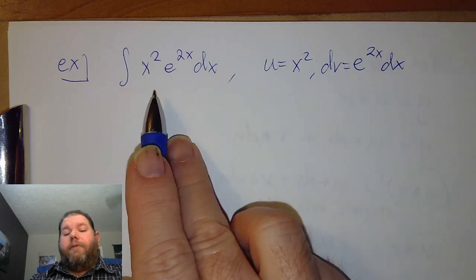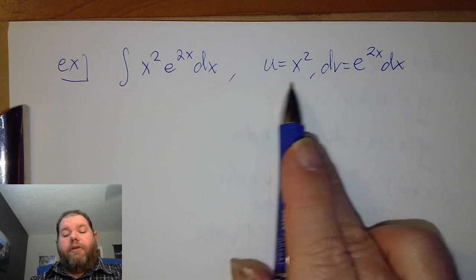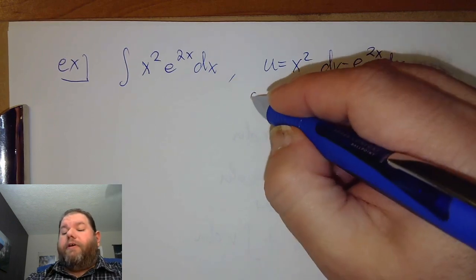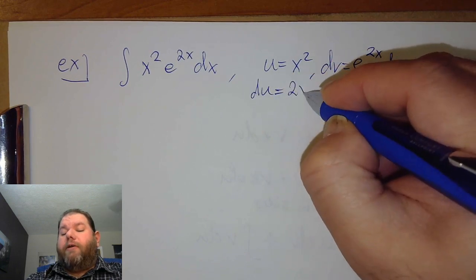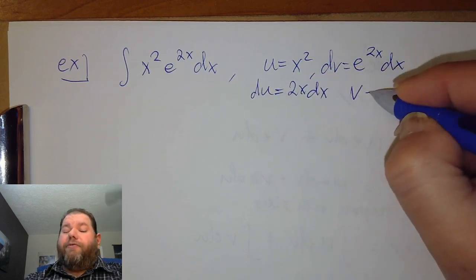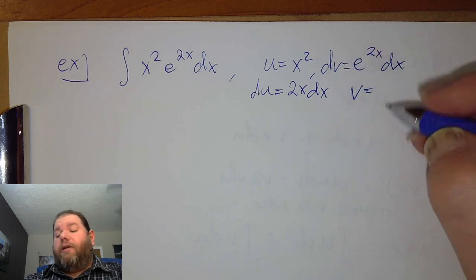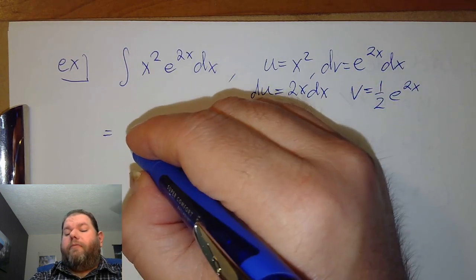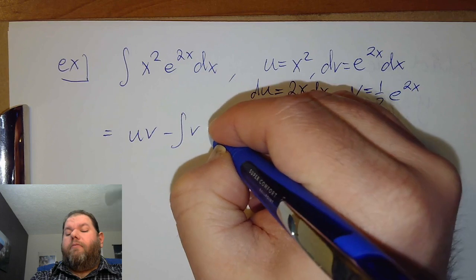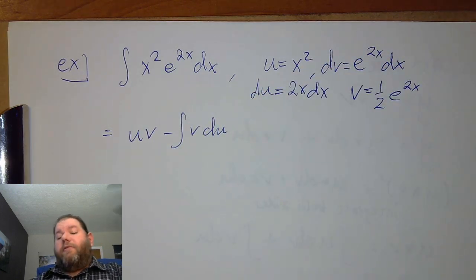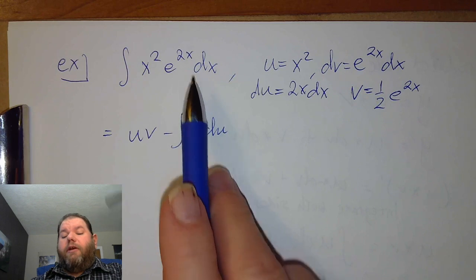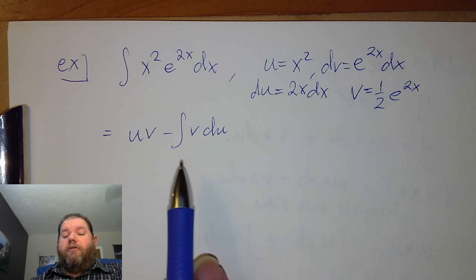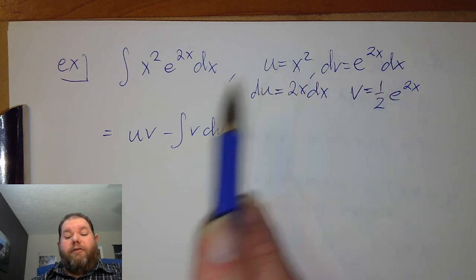So again, it's just splitting up the terms here into either u or dv. Everything should be represented one or the other, but not both. We then decided that the derivative of u is 2x dx, and the integral of dv is 1/2 e to the 2x. Now, according to our formula, the integral of u times dv is equal to u times v minus the integral of v times du. So basically, we're taking these four terms that we found and arranging them in this formula.